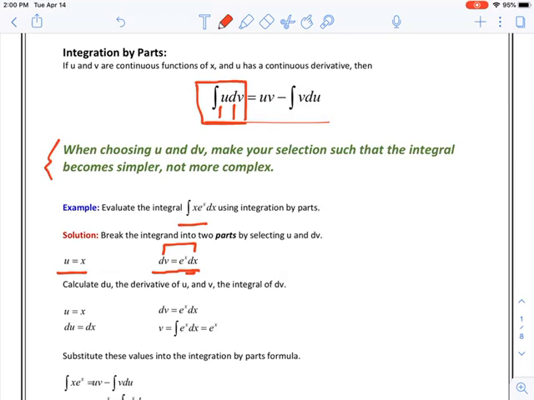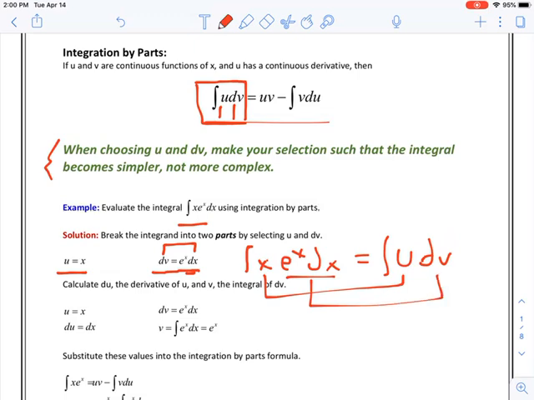So the integral of x times e to the x dx is now in the form of the integral of u times dv. Again, u is equal to x, and e to the x dx is my dv.